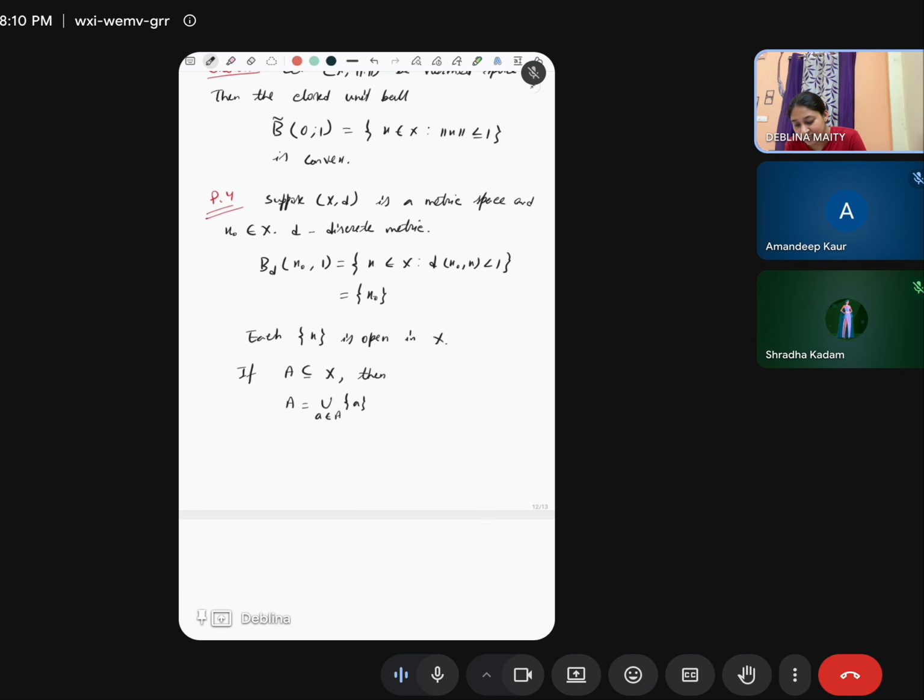So this means A is open. So any subset of X is open in a discrete metric space, right? Therefore, each subset of a discrete metric space is open, right?